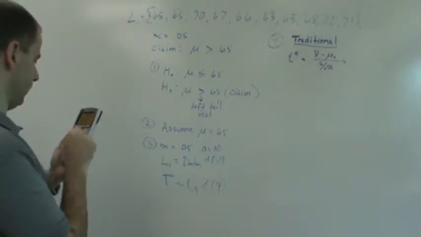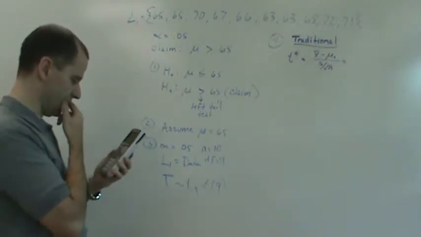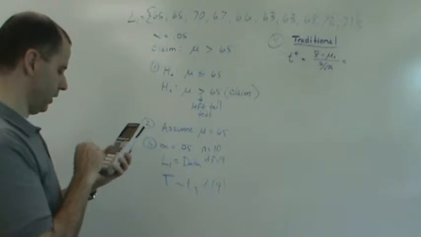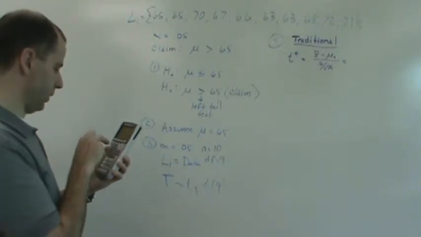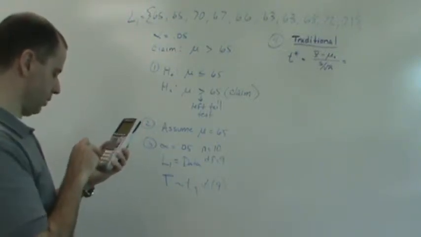So we've got my 10 values, and now I'm going to go to Stat Calc, one-variable stats, and put in the list where my data is.